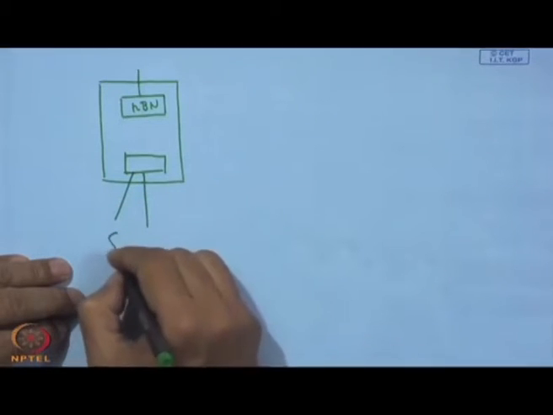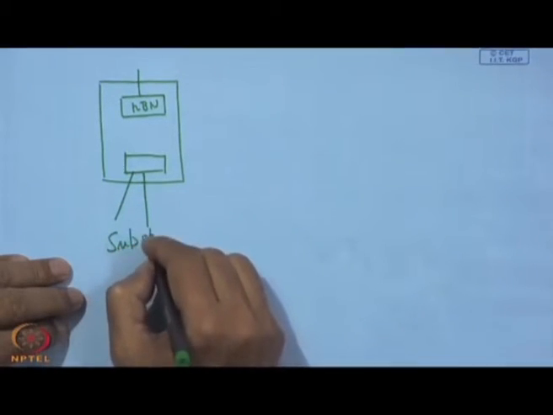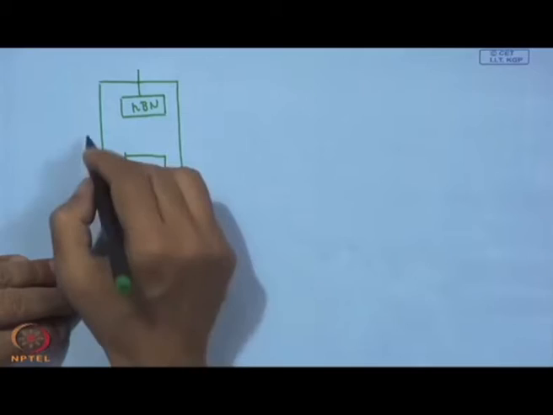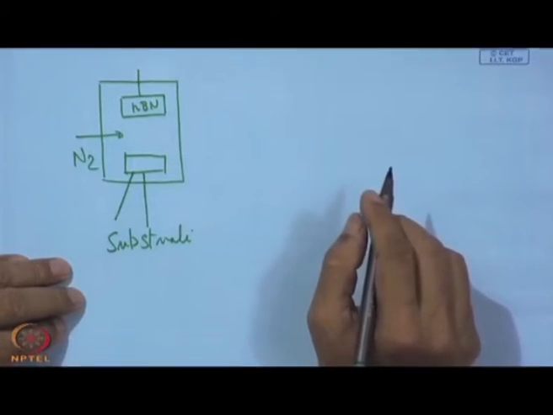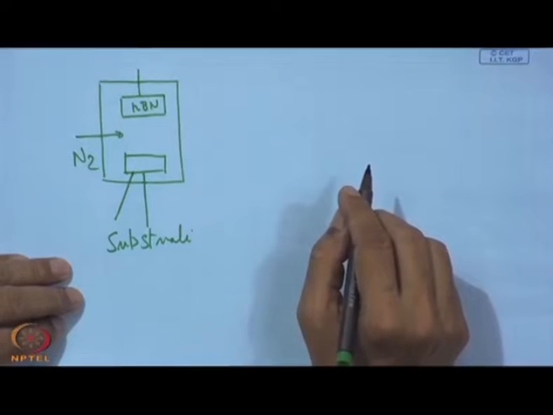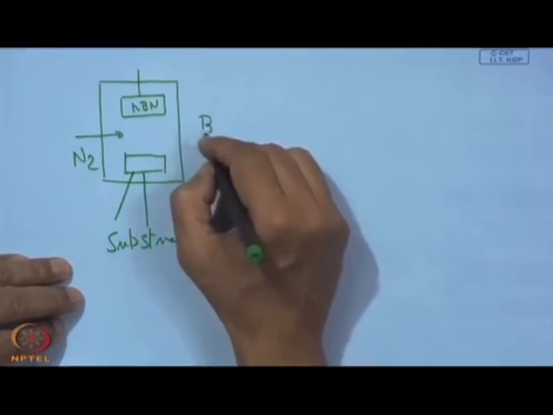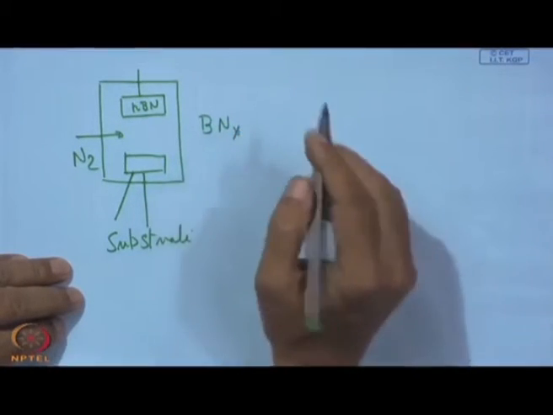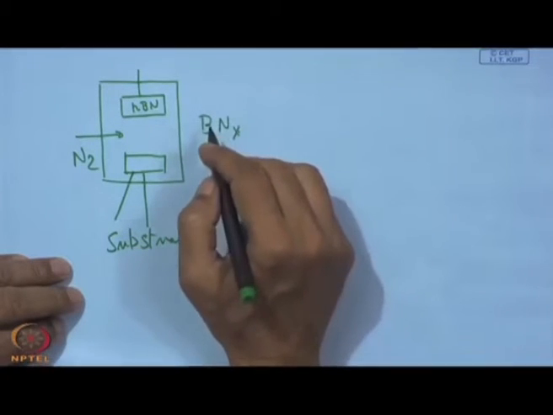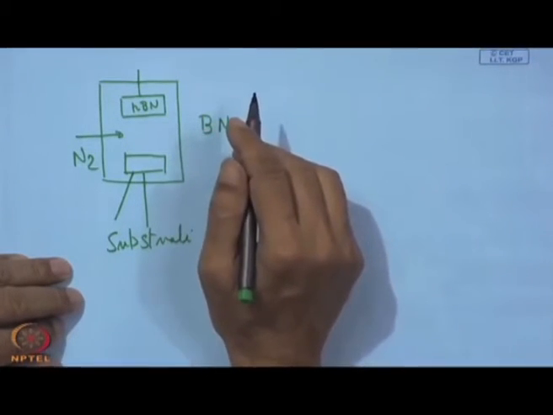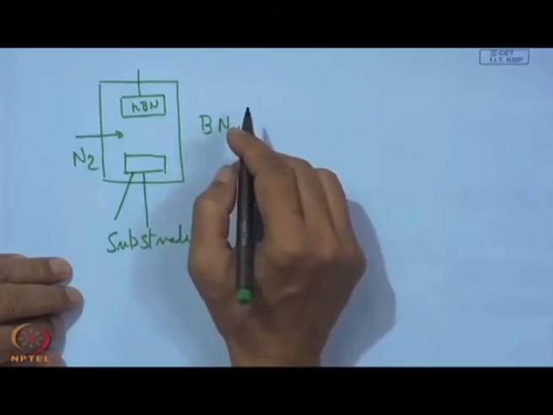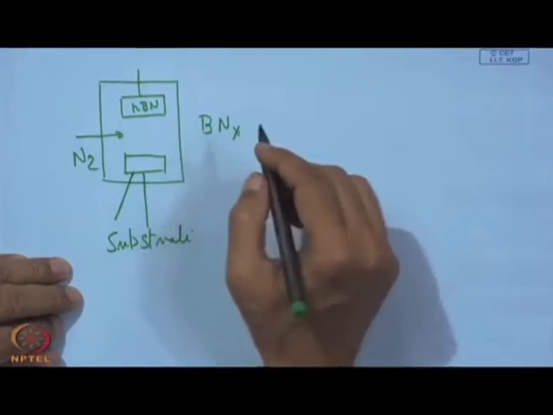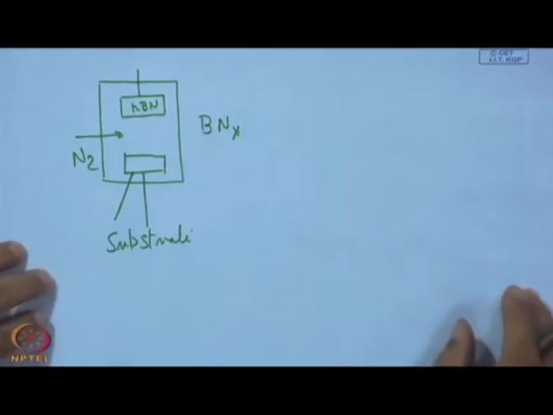This is the substrate and this is the entry of nitrogen, and this nitrogen may make up the deficiency that we find as BNx. So, the problem was that it was not a total conversion, only partial conversion of this HBN to CBN, and also it is deficient in nitrogen.